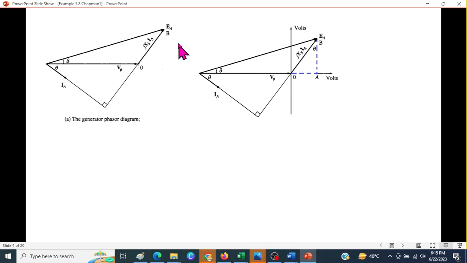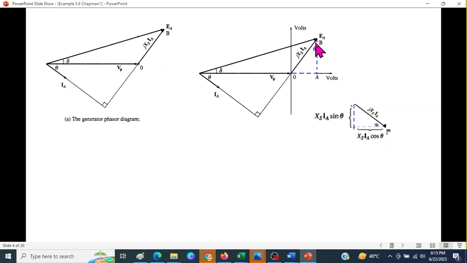Now, if we resolve only this portion, then we'll have two components, the vertical component and the horizontal component. And if we just tilt it a little bit like this, 90 degrees, only this part, then it is visible that this is angle theta, and the opposite arm, or the perpendicular, is the sine term, and the base is the cosine term.